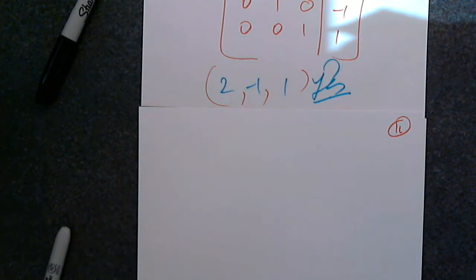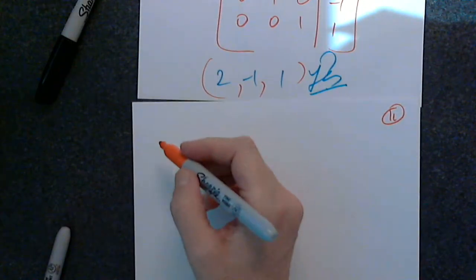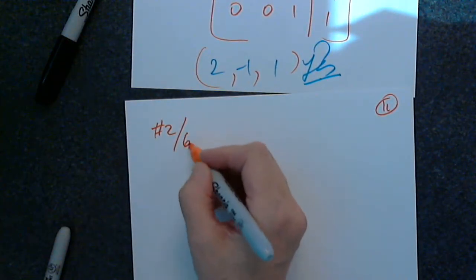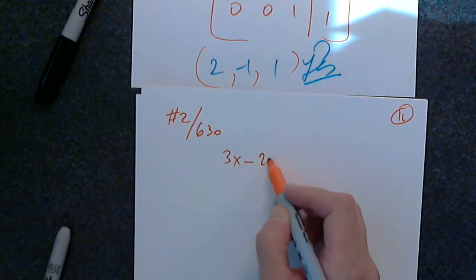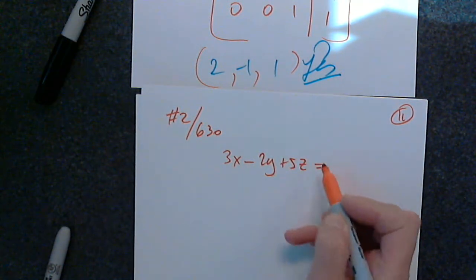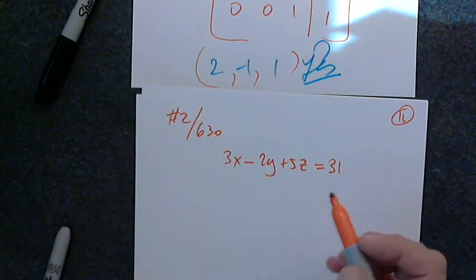Okay. Here it is. In number 2, we're only asked to write the augmented matrix, but we have to go through the whole thing. So 2 on page 630, and that is 3x minus 2y plus 5z equals 31.